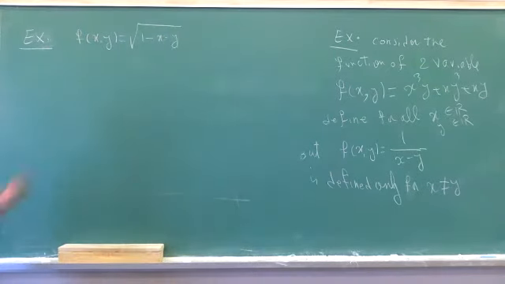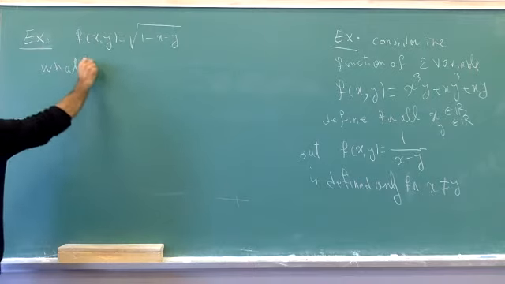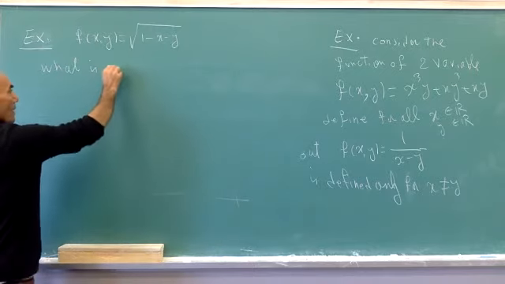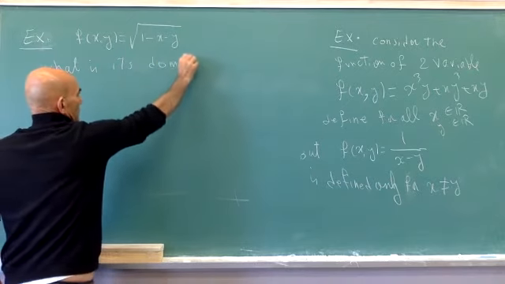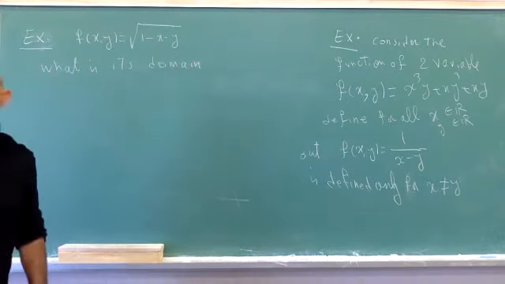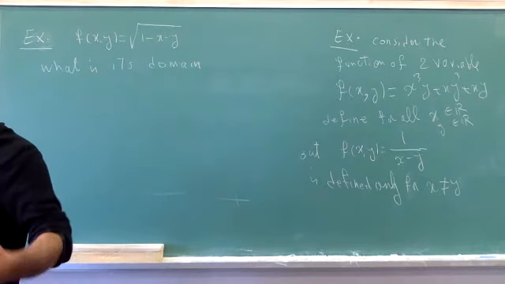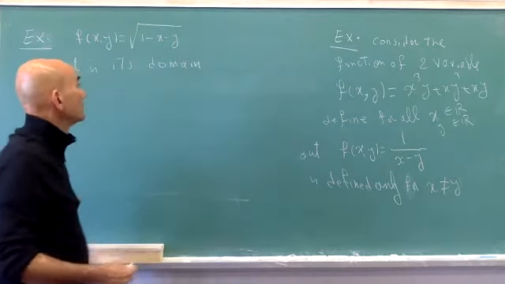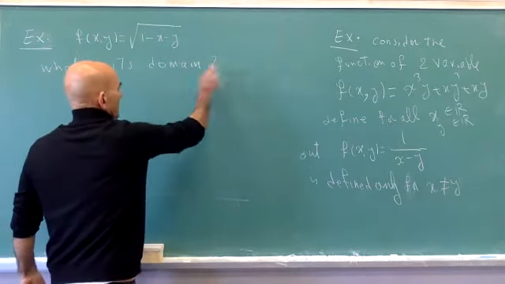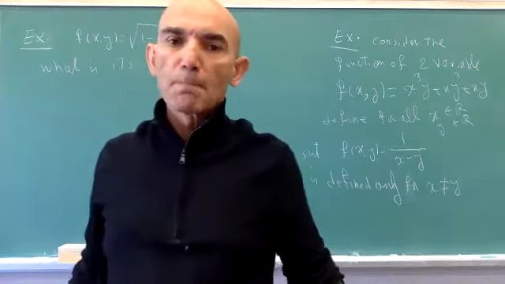So the question is, what is the natural domain of this function? And by domain, I mean the biggest possible domain, the biggest set of points where this can be made sense of. Right? So can you tell me where is the domain of this function?